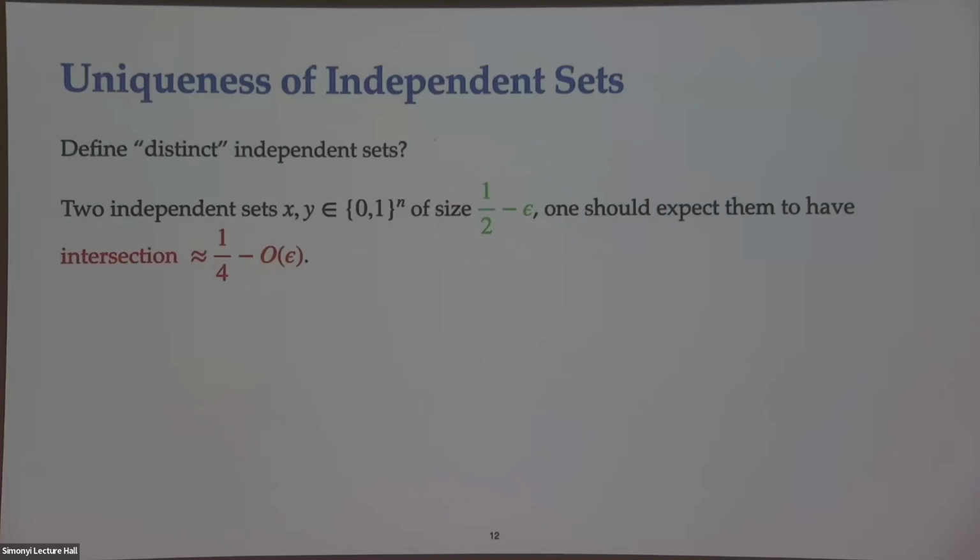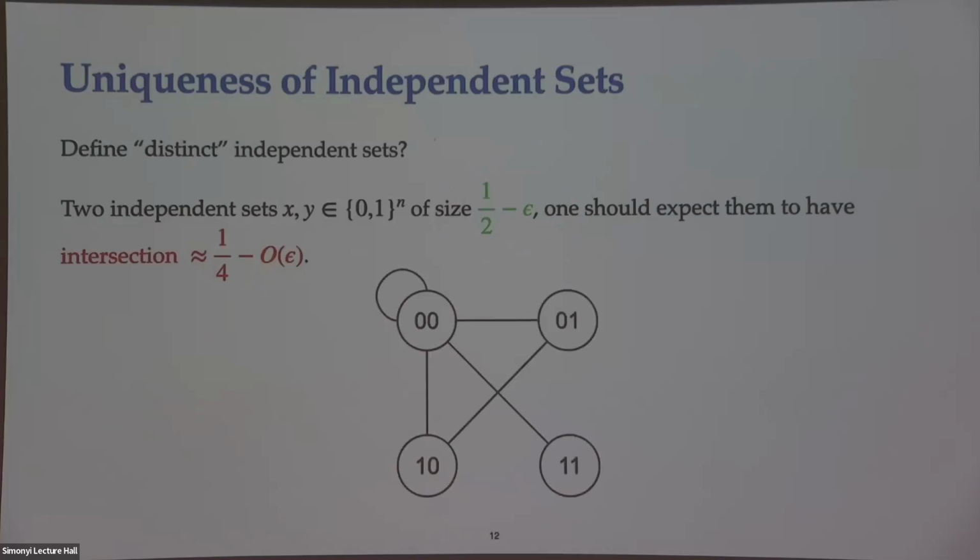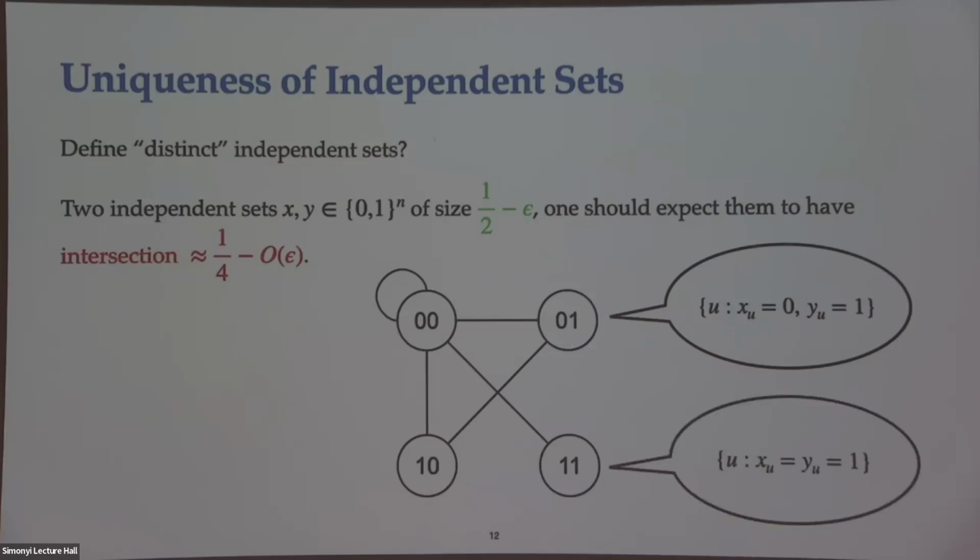And here's a picture. These 2 independent sets partition the graph into 4 clusters. For example, this cluster is the vertices where x_u equals 0 and y_u equals 1. Similarly, this cluster is where x_u and y_u both equal 1. And in particular, this cluster is the intersection between the 2 independent sets.